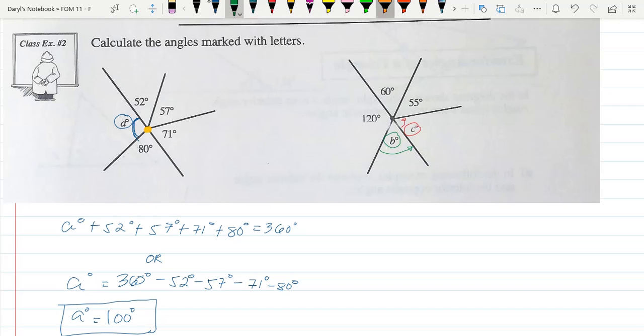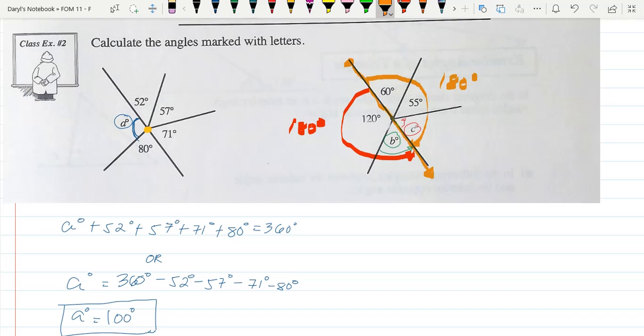In a straight line, if you can see here, this is exactly a straight line. We know that the angle measurement from here to here, and also from here to here, is 180 degrees. So this is 180 degrees, as well as the previous one, the orange, which is also 180 degrees.